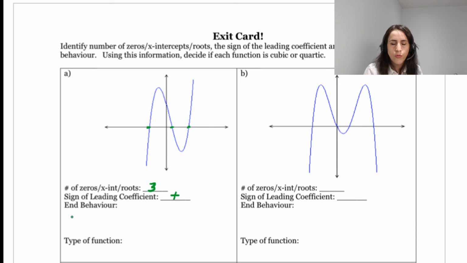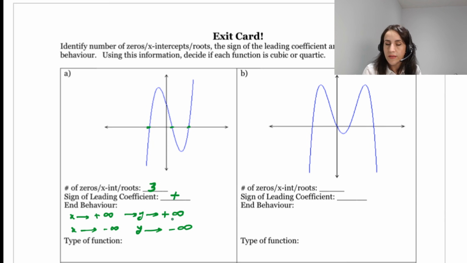For end behavior, there are two ways to write it down. One of them: when x is going to positive infinity, y is going to positive infinity as well. And when x is going to negative infinity, y is going to negative infinity. There is another way that we can write it, based on the quadrants. I'm using another color to not mix things up here.